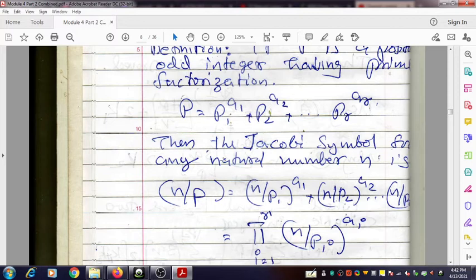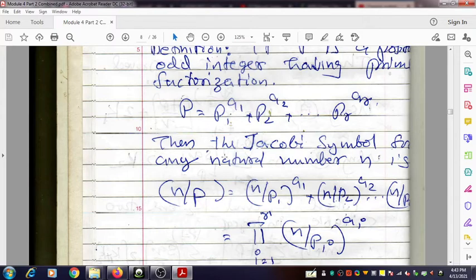Then the Jacobi symbol for this number is defined. The Jacobi symbol for capital P can be defined for another number: a natural number n will be given.